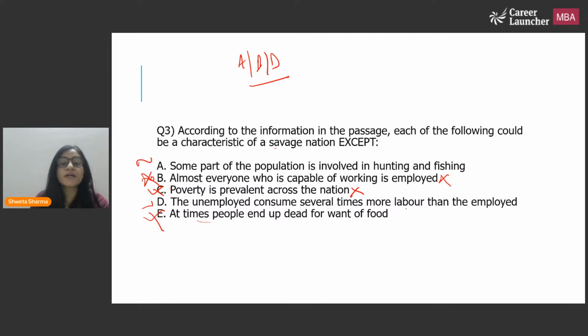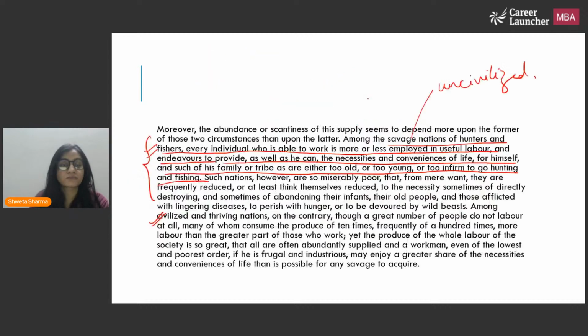Unemployed consumes several times more labor than the employed. Is it A or is it D? Right, the passage says every individual who is able to work is more or less employed in useful labor and endeavors to provide as well as he can the necessities and conveniences of life for himself and such of his family or tribe as are too old or too young or too infirm to go hunting and fishing.